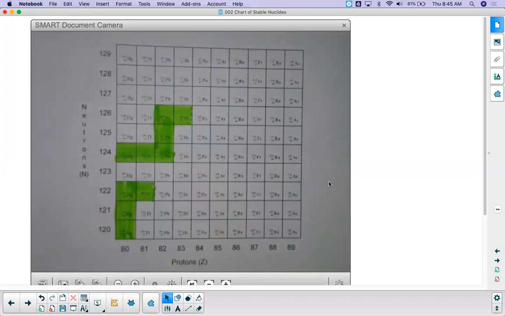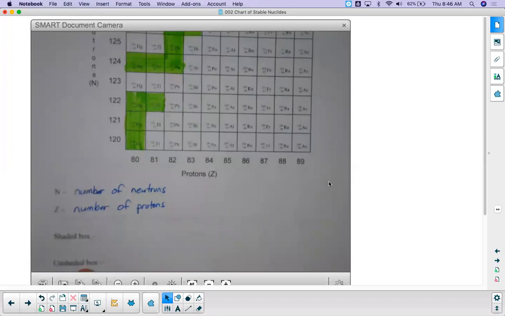When you read this thing, on the y-axis, you have N, which is the number of neutrons. And on the x-axis, you have Z, which is the number of protons.